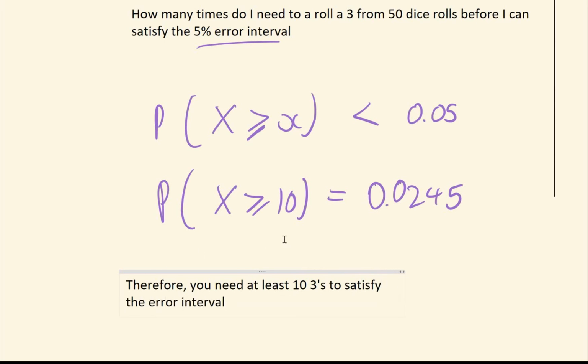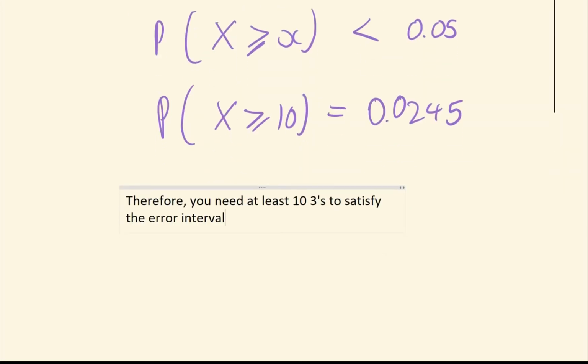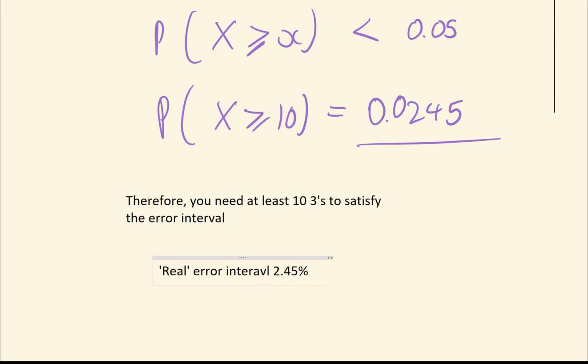Often in questions, it'll ask you to work it out, and it will then say for like a 1-mark question, state the real error interval. In this case, because this was the first value less than 0.05, our real error interval is actually 2.45%. Okay, that's a very common thing to do.